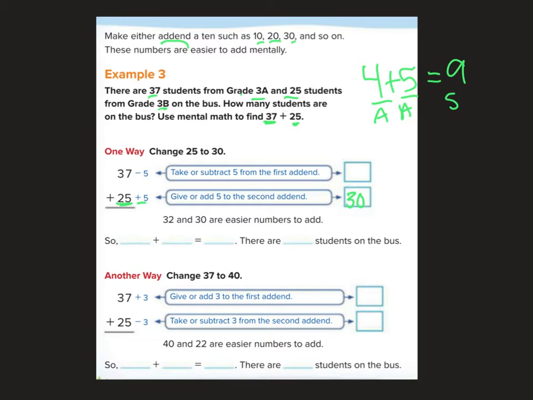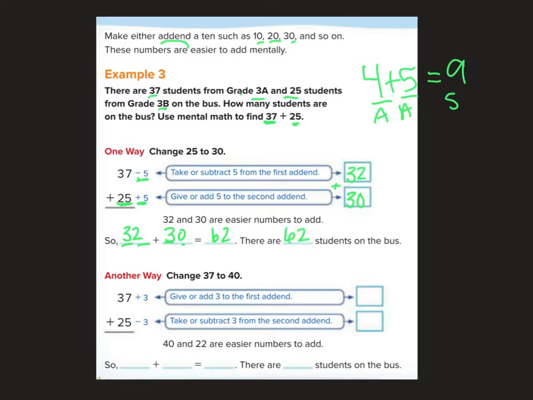But if I'm going to add 5, I need to balance it out and take 5 away from the top number. So the top addend, 37 minus 5, is 32. Now to add 32 and 30, that's much easier. It's 62, right? I'm adding my tens, adding my ones. There are 62 students on the bus.